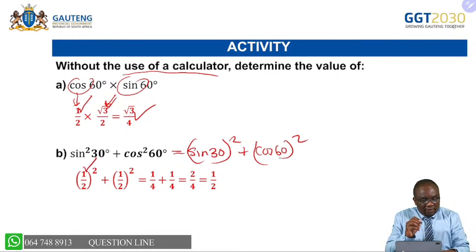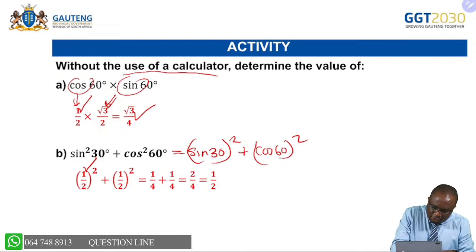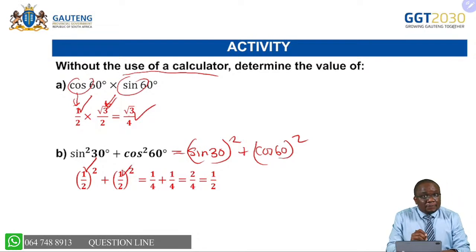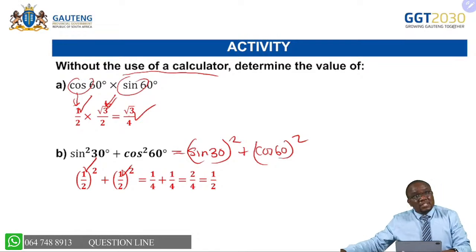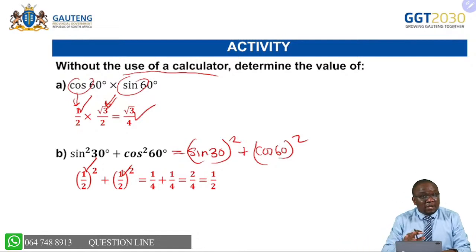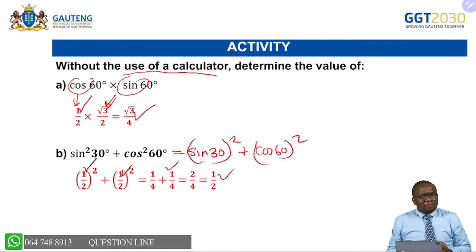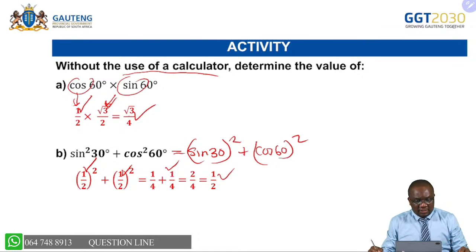From sine 30 to 1 over 2 is a mark. From cos 60 to 1 over 2 is a mark. You can confirm your things using your calculator, because sometimes even me, I forget. I just confirm. Oh, cos 60 is what? Then I put it aside, and then I do my things. I write everything. For simplifying here, I get a mark. For the answer, I get a mark. You see that? That's how you gain marks from these trigonometric things.